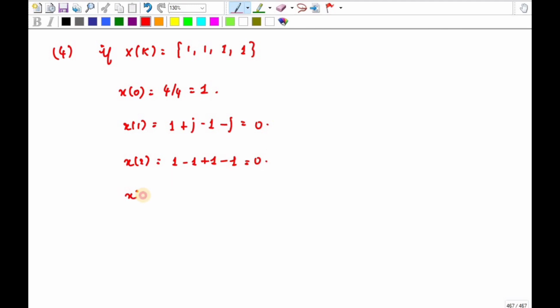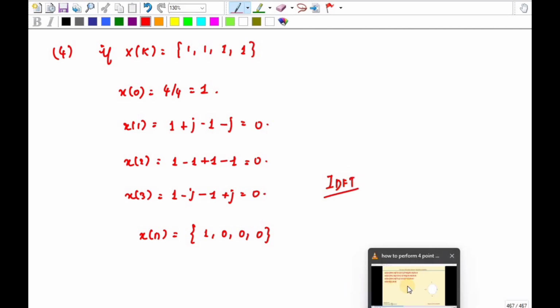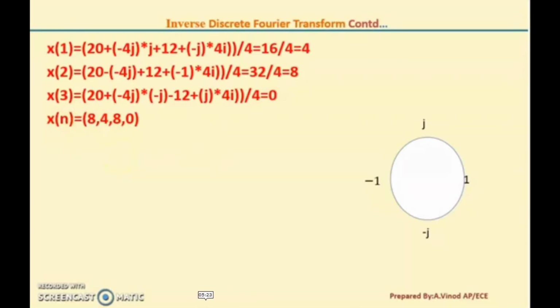What is x of 3? x of 3 is equal to 1 minus j minus 1 plus j, so you will get the answer 0. So what is x of n? x of n is equal to 1, 0, 0, 0. This is all about your IDFT, inverse discrete Fourier transform.